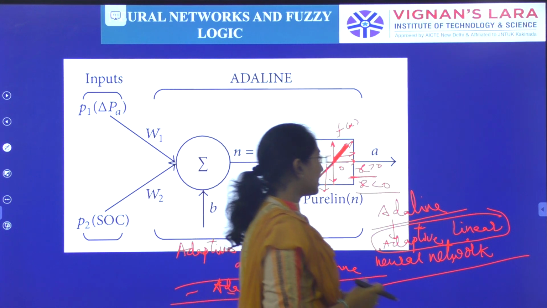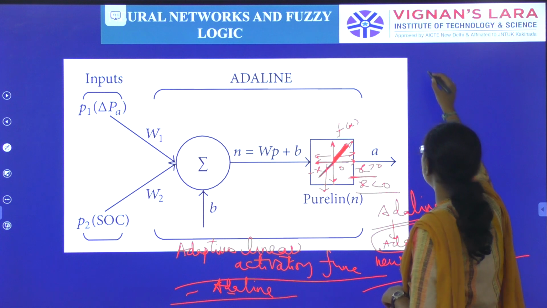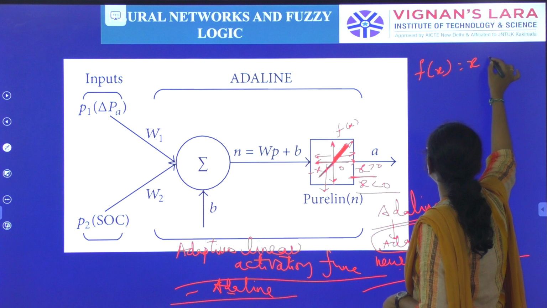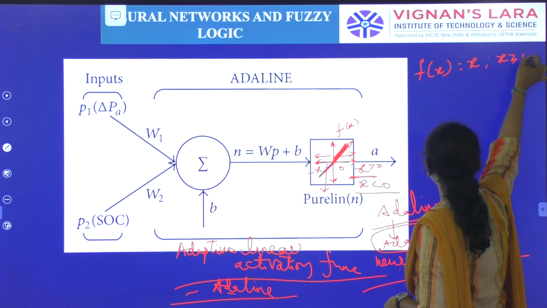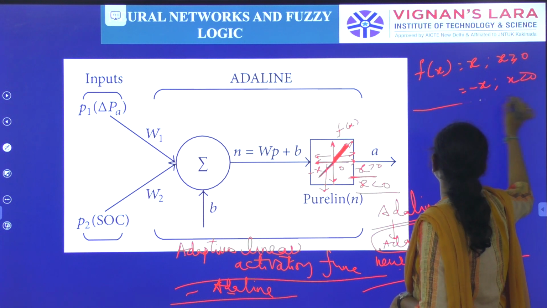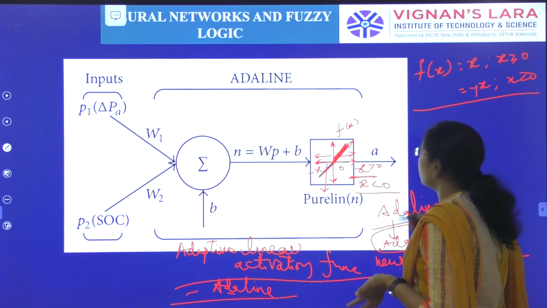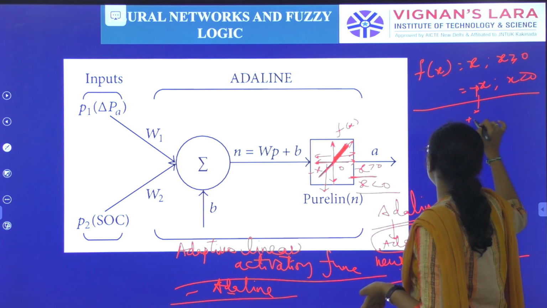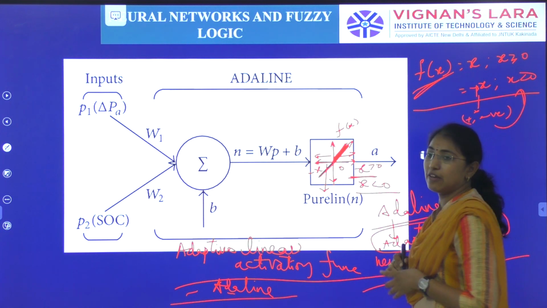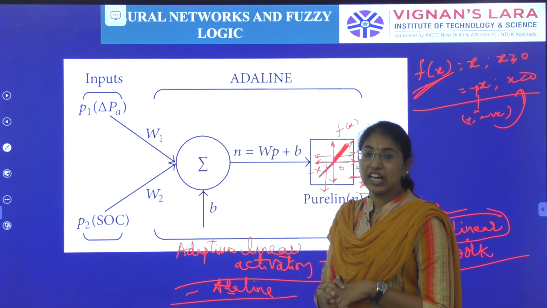The expression for this linear activation function can be given as f of x is equal to x for x greater than or equal to 0, minus x for x less than 0. Or else you can write x itself, whatever the x value is, positive or negative, that is generated as output f of x.